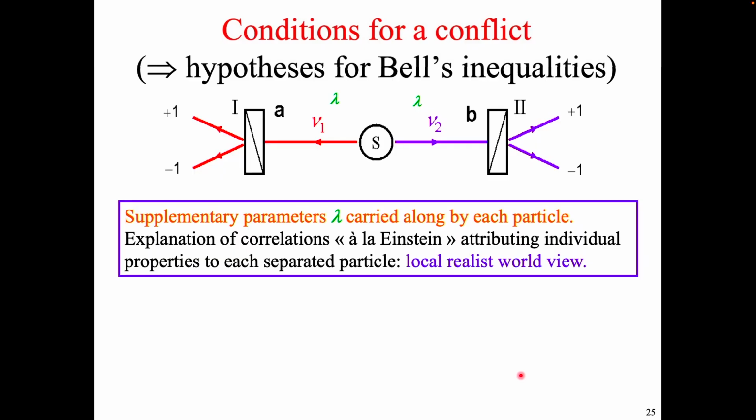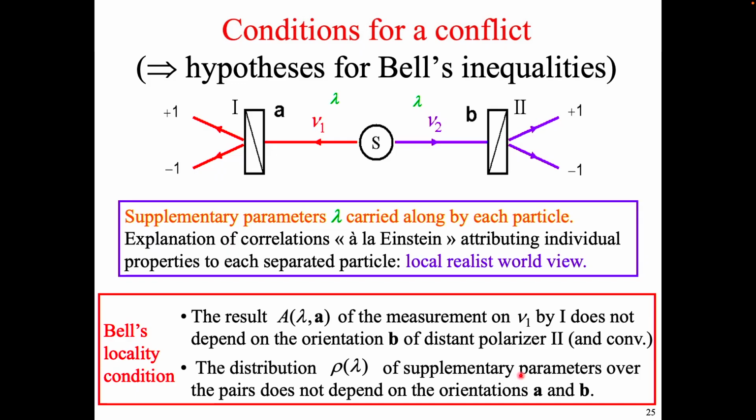Because Einstein clearly thinks that when you have a system which is localized in space-time, when Einstein writes space, it clearly means space-time, in that volume of space-time you have all the properties that will determine any measurement you will do on that system. So you have the lambda here, it will determine everything. So this is called Einstein's local realist worldview.